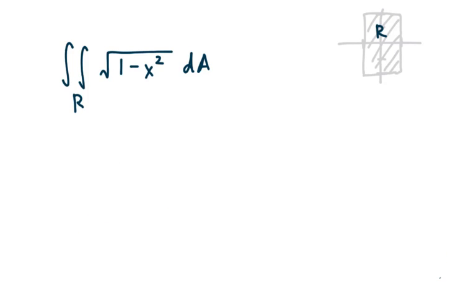Now, if we were to actually set this up, my first integral, I'm going to say my bounds go from -1 to +1. So x equals -1 to x equals +1. My second integral, then my y goes from -2 to +2. So we've got -2 on the bottom of that region, +2 on the top of that region.